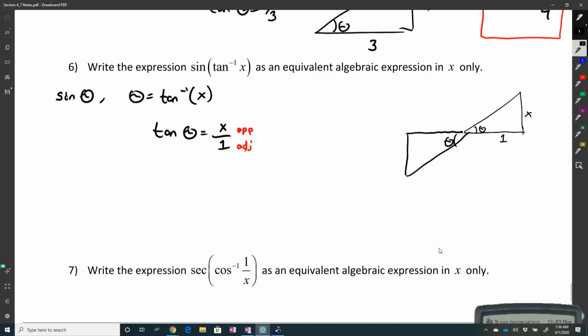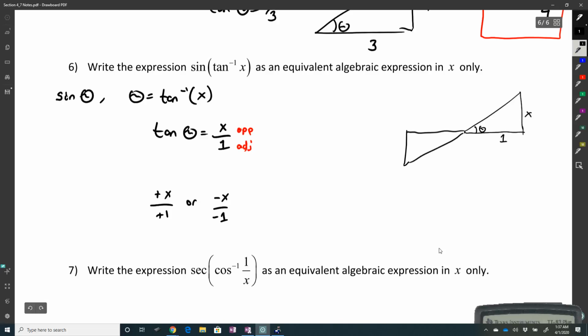It could have been positive x over positive 1, or negative x over negative 1. So if that's the case, that triangle would be the triangle in quadrant 3. And so this would be your theta. This would be opposite, it's negative x, negative 1. Okay? Now, regardless of what you do, when you solve it, the hypotenuse is going to be positive.